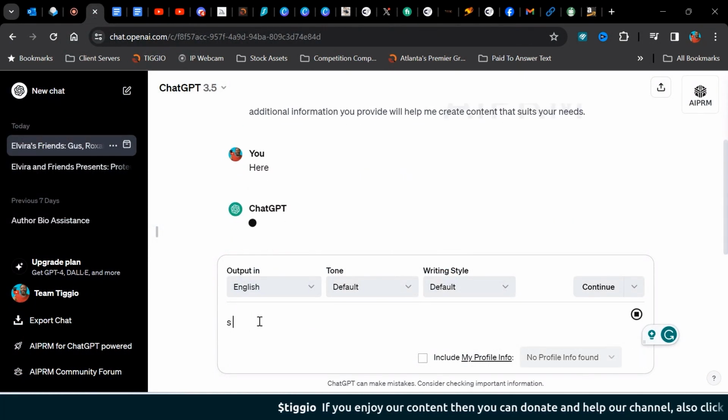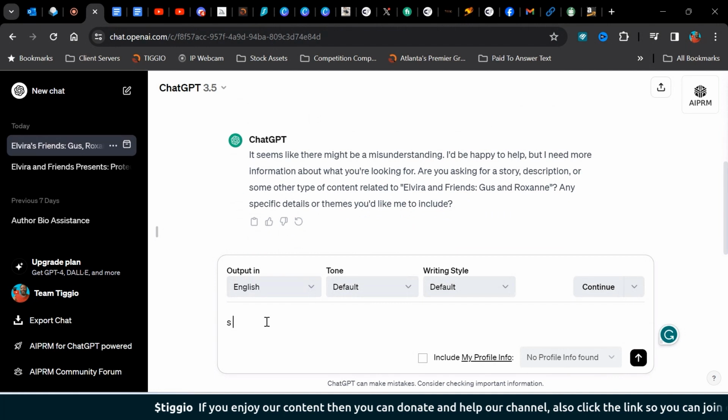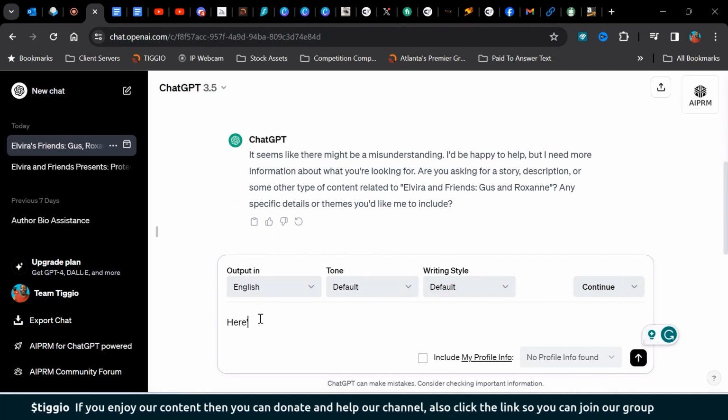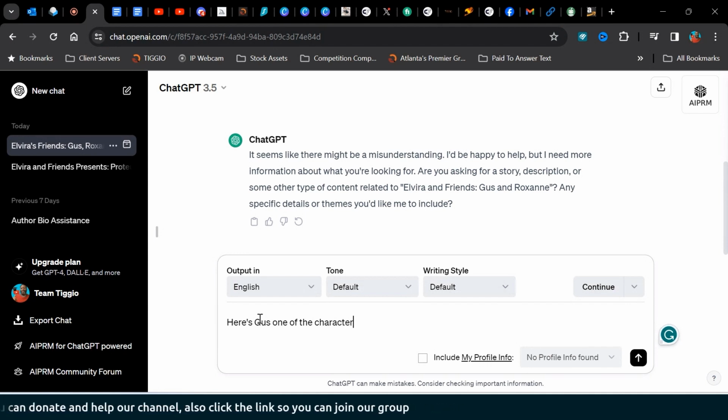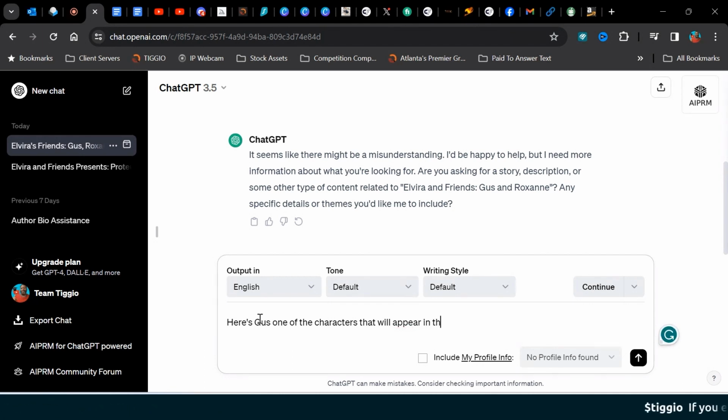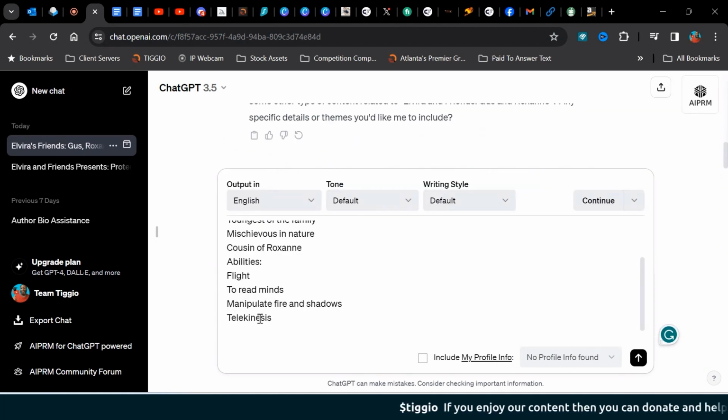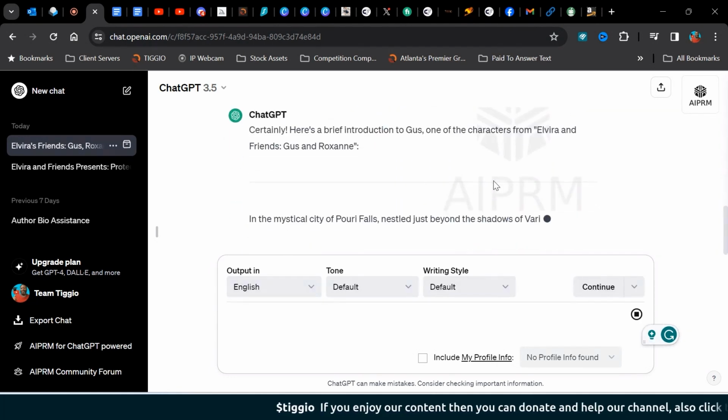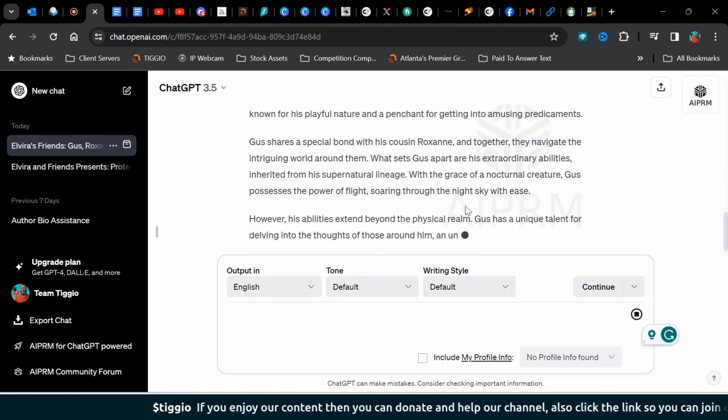Here's Gus, one of the characters that will appear in this book. All right, so let's write about all the aspects of Gus, of what he has going on.